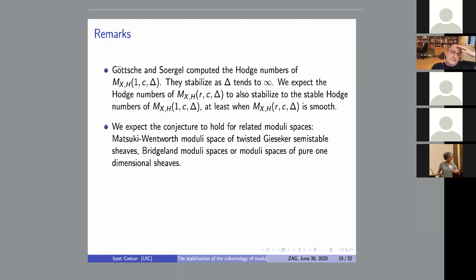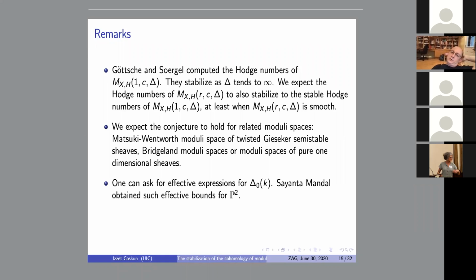In some cases this is known. For instance, if you look at K3 surfaces and the Bridgeland moduli spaces, as long as you assume that you are away from the walls and certain things are generic, they become deformation equivalent to the Hilbert scheme of points, so there the stabilization also holds.